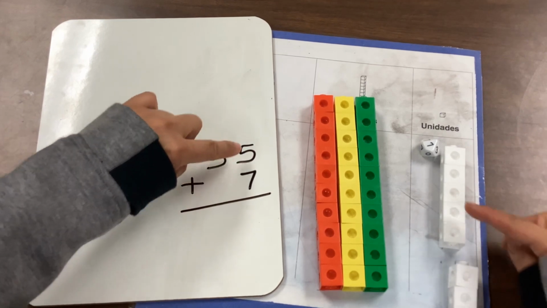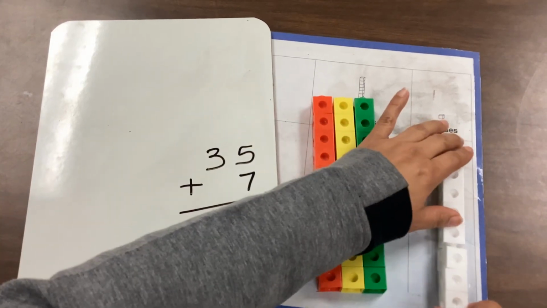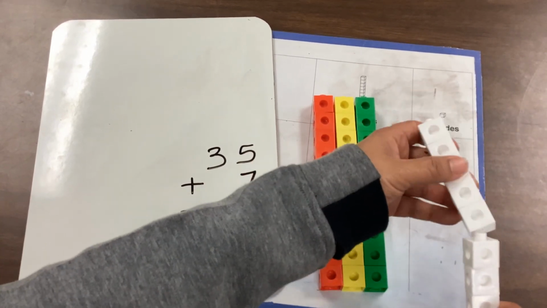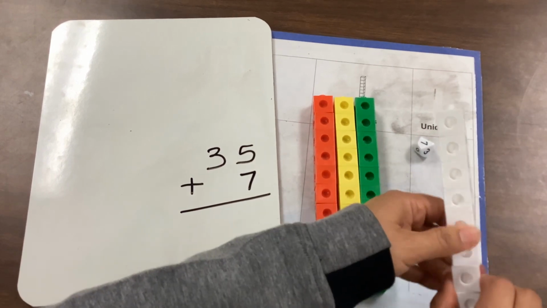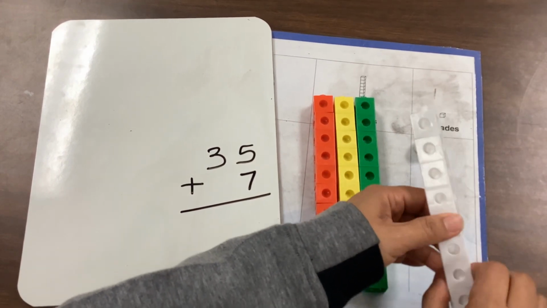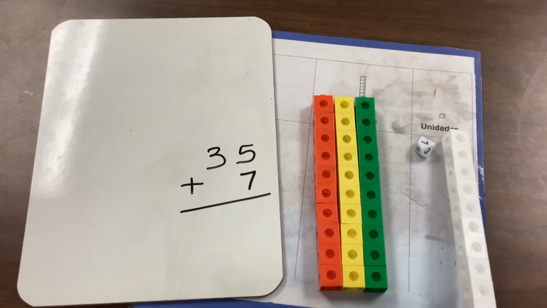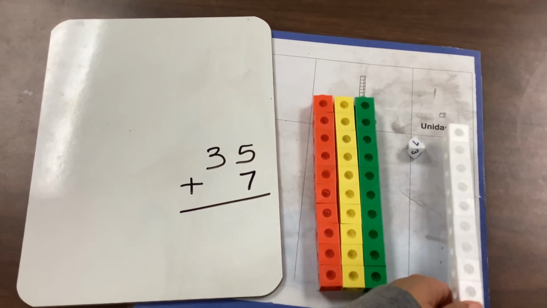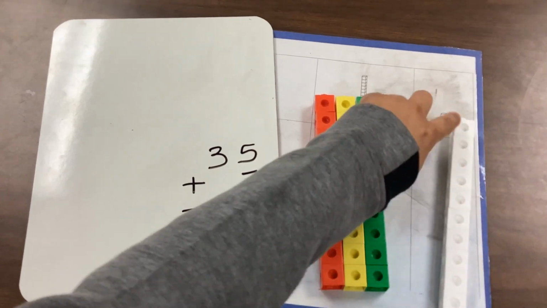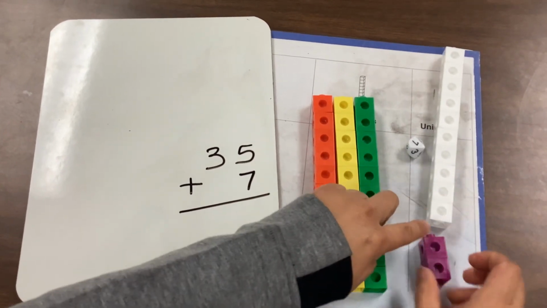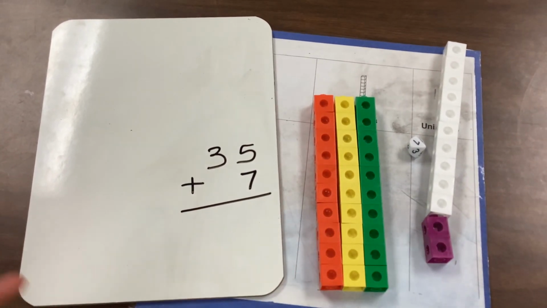My 7 and my 5. I put them together. I add them together. And I can see that I have all my whites, which make a 10. So I have 10, 11, 12. I have 12.